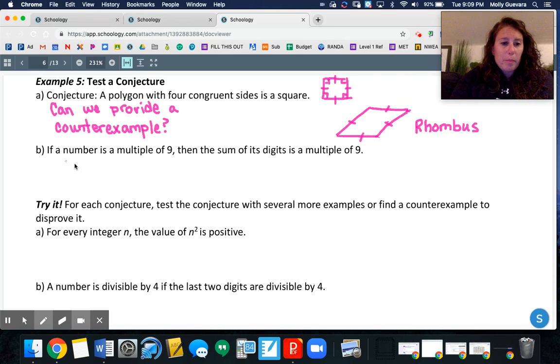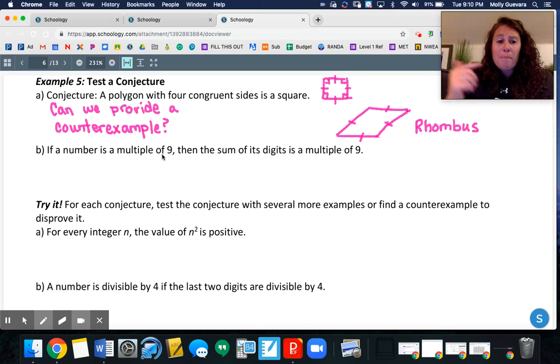For part B, if a number is a multiple of 9, then the sum of its digits is a multiple of 9. This is a really interesting one because I can do 9 times 1, 9 times 2, 9 times 3, right? Any multiple of 9, and that goes on forever. We can do 9 times 17, 9 times 18, 9 times 19, and so on.